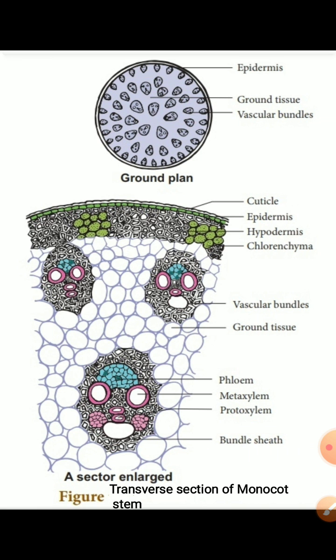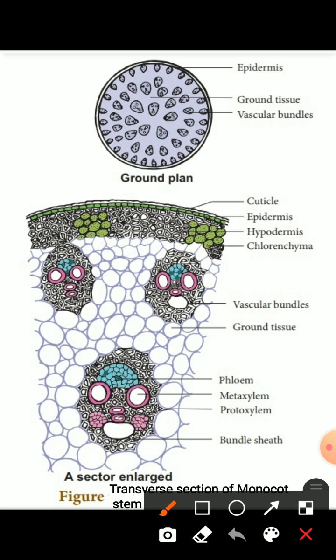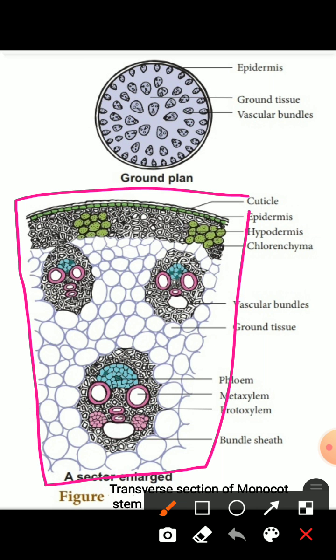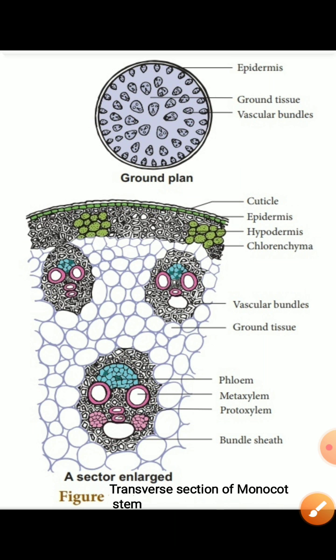Now over here, this is the sector of the stem. This is the sector of the total round section showing the regions from epidermis, hypodermis, and vascular bundles. So all the structures are seen from periphery up to the center, up to the core part of the stem.